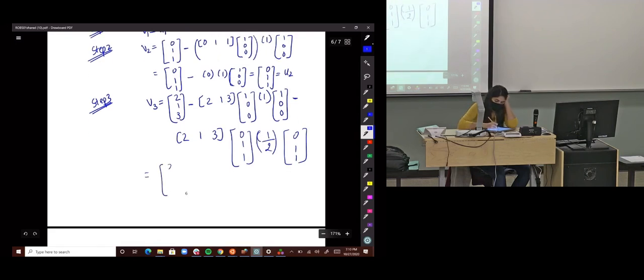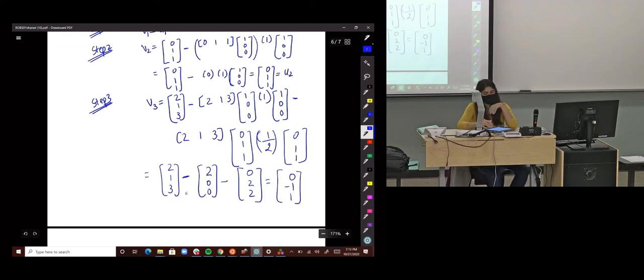This becomes u3 minus this element, which is 2 times 1, so 2, 0, 0, minus this, which is 3 plus 1 is 4, 4 by 2 is 2, so 0, 2, 2. And this becomes 0, minus 1, 1.